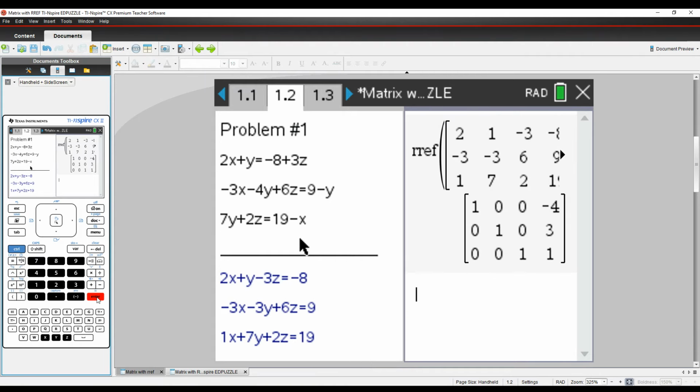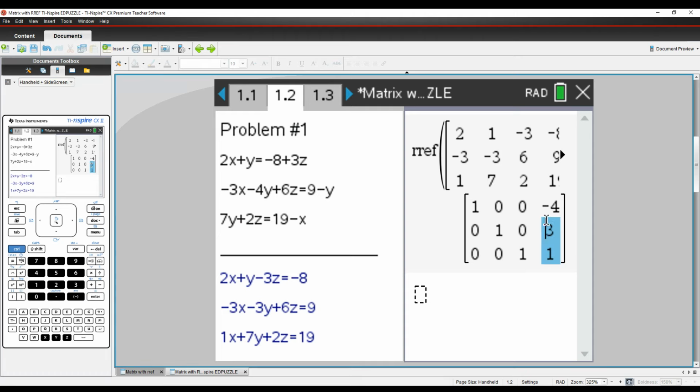When we hit enter, we're going to see our identity matrix, which is this first 3x3, and we're looking for non-zero columns. So these ones going diagonal tell me that this problem has a unique solution. It has one solution. If you see 3 ones going diagonally, then this last column is your answers, okay?